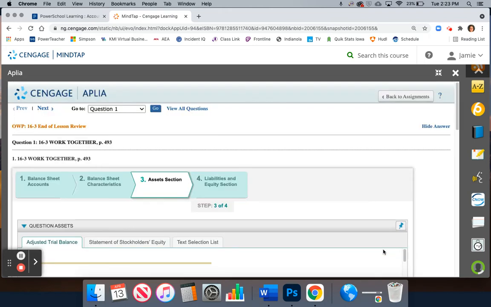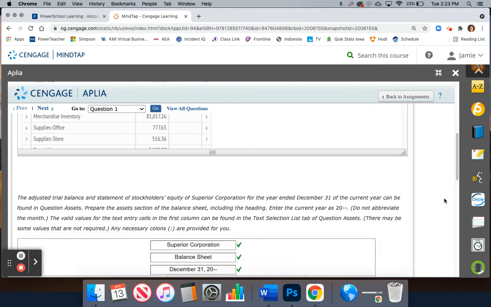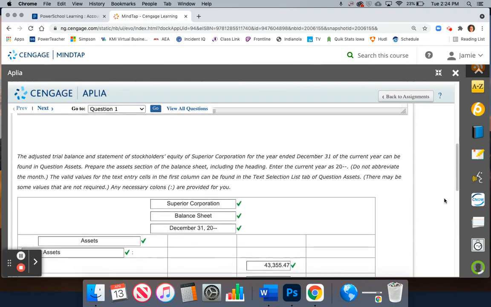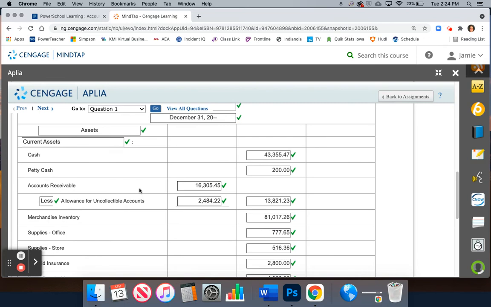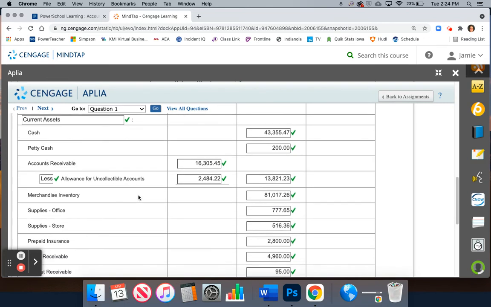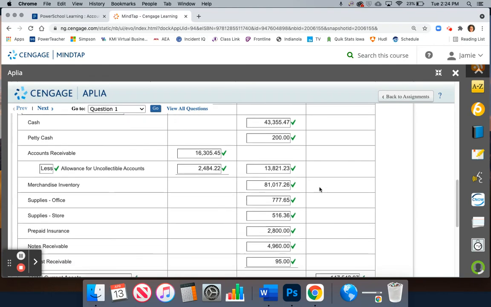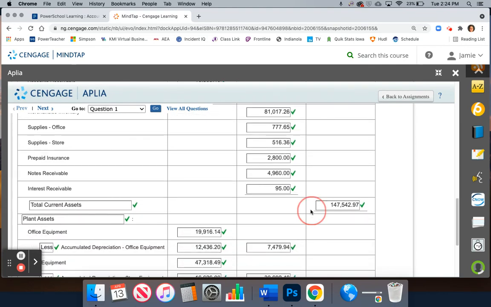Step 3, we're going to complete the assets section. So starting with our 3-line heading, always the company name, name of the document, and then the date. Then we have assets as our account title, and then we start with our current assets. So all of these account balances are coming directly from the adjusted trial balance. Less means we're subtracting, so we have our accounts receivable less allowance for uncollectible accounts, giving us our total current assets in the final column.